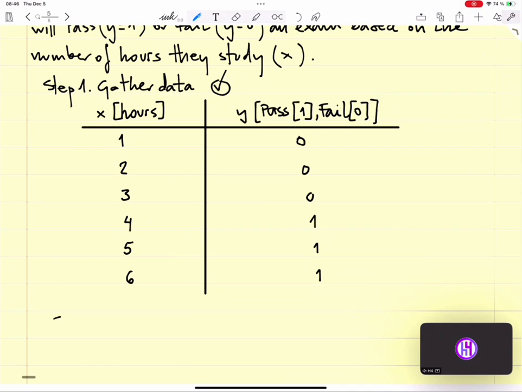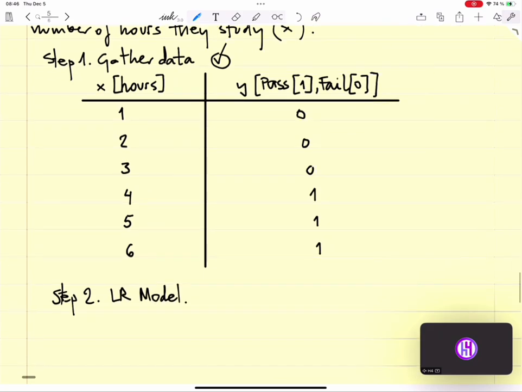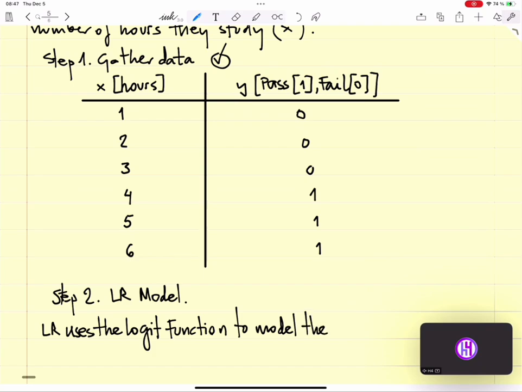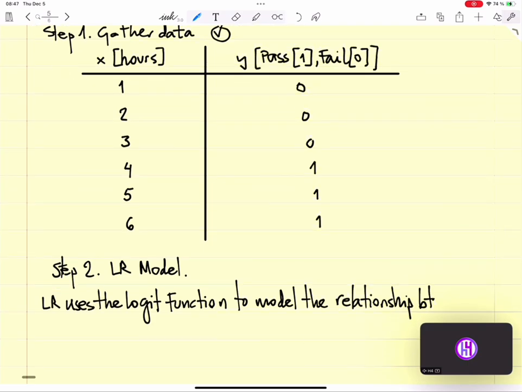So step 2, the model, LR model. LR uses the so-called logit function to model the relationship between X and Y. The logit function is logarithm of p divided by 1 minus p equals a line.